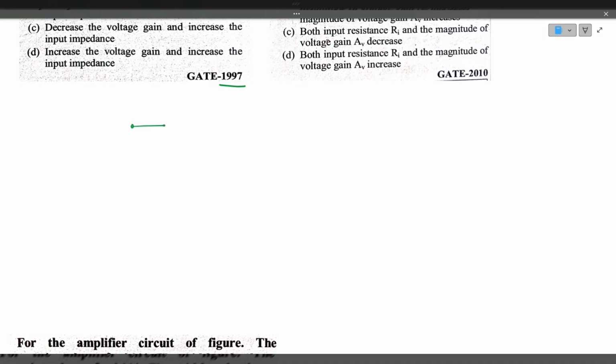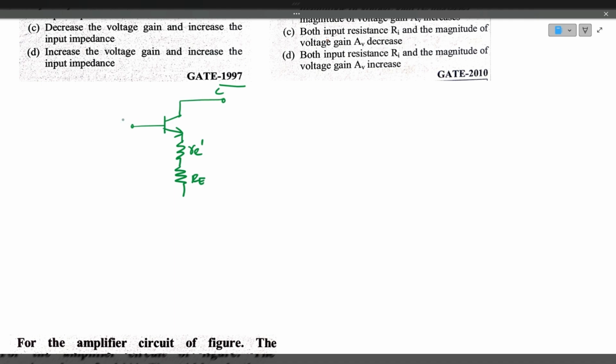This is a simple circuit I'm drawing. Common emitter configuration, where this is the emitter model resistance, small emitter model resistance, which is negligible, and there is the emitter resistor, capital RE.